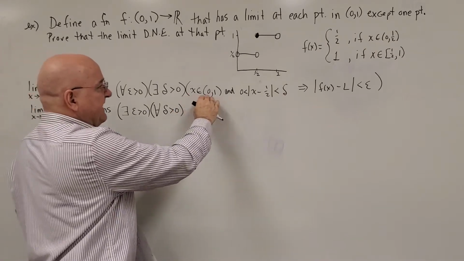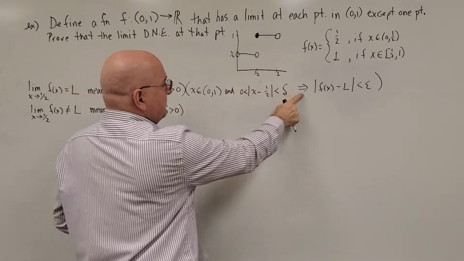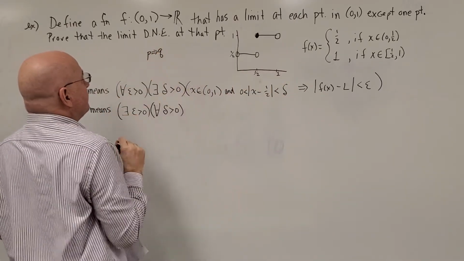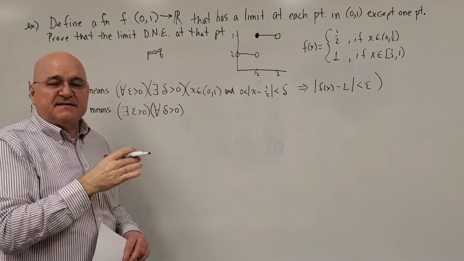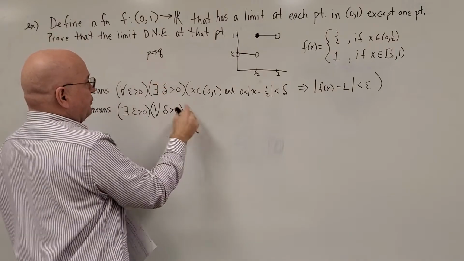And now we need to negate this, which is like P implies Q. Remember, to negate that, to make it false, we have to make P true and Q false.